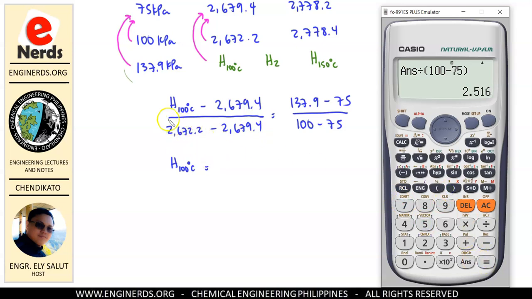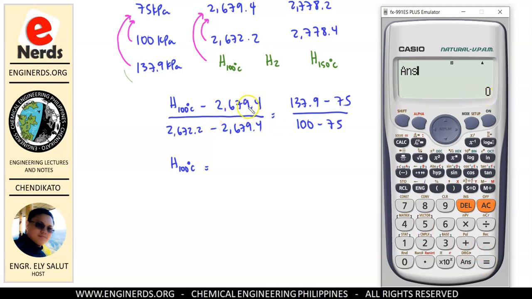Then, we're going to multiply that dito sa denominator natin because we're going to transpose that papunta sa right side ng ating equation. So, we're going to multiply that with 2,672.2 minus 2,679.4.